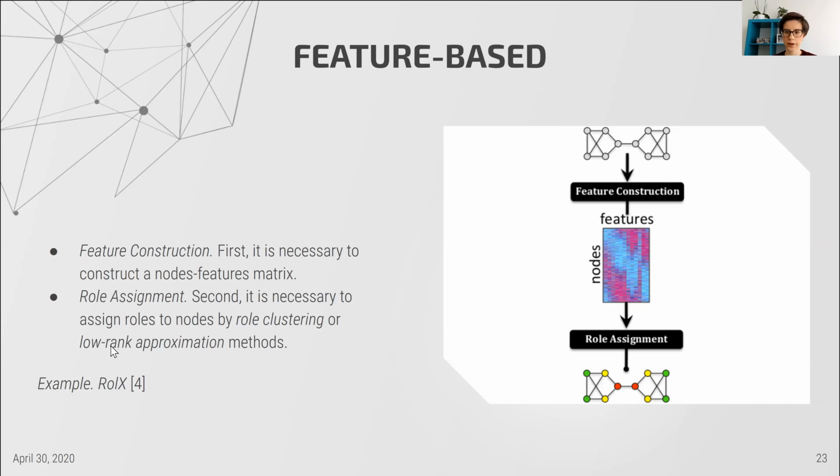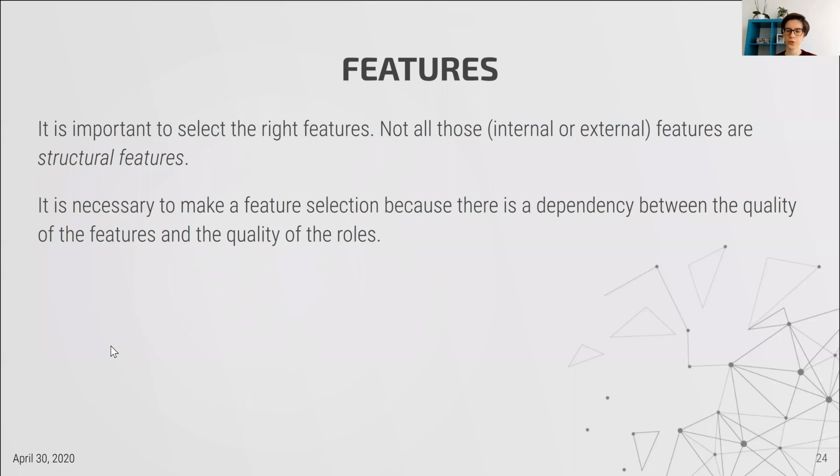But one thing that I would like to stress here is that not all features are good features when it comes to role discovery, because, first of all, you might have internal or external features, but to go back to the example of the organizational chart, I doubt that if you consider the first name of the employee as a feature, you will actually get some insights on the structure of the company itself.